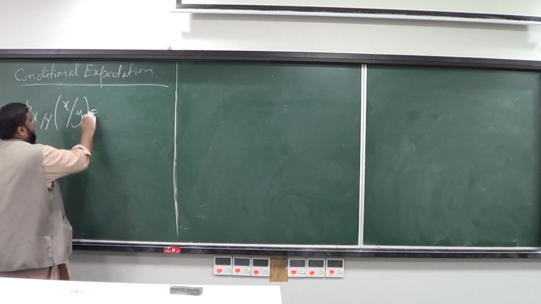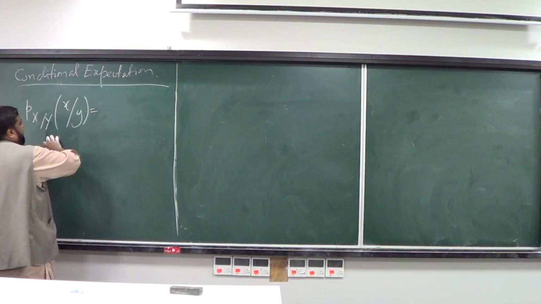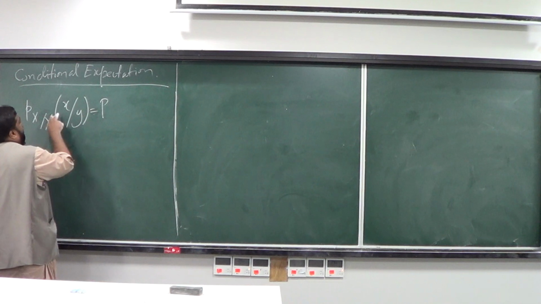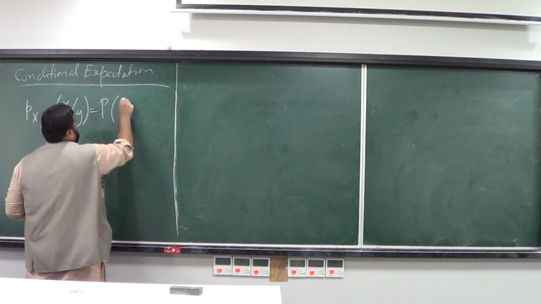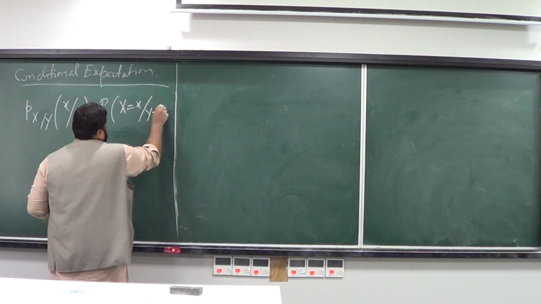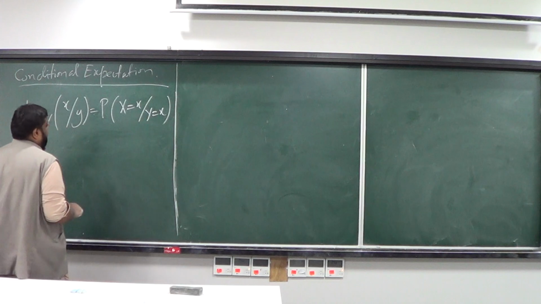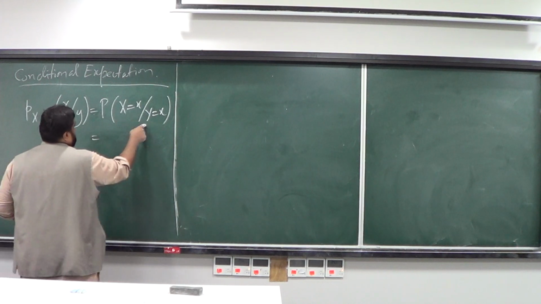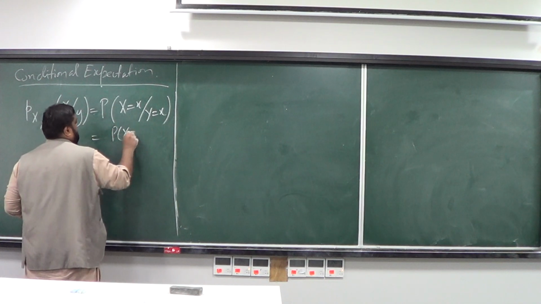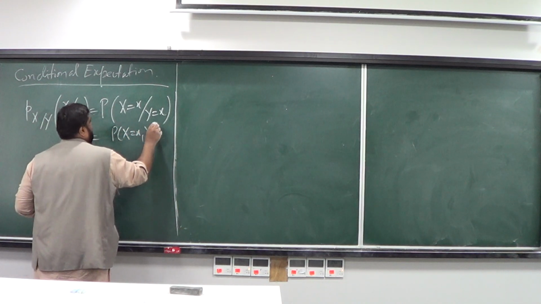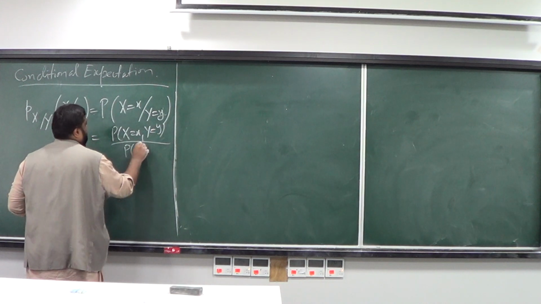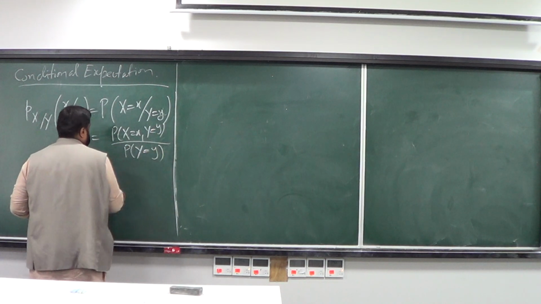We defined the conditional PDF of x given y as the probability that x is x and y is y, divided by the probability of y equal to y.